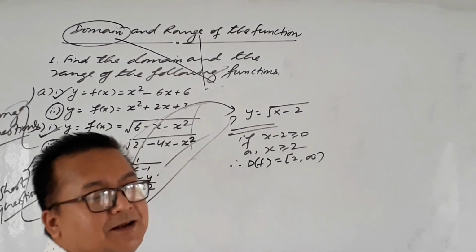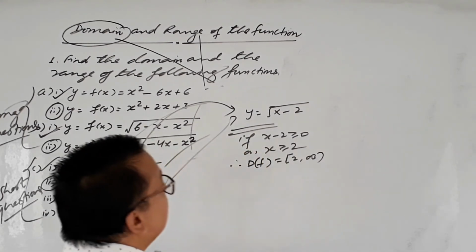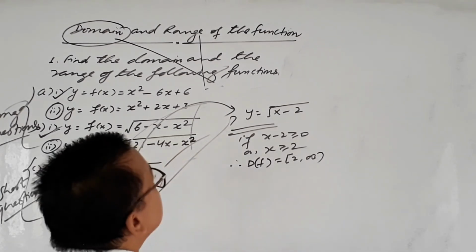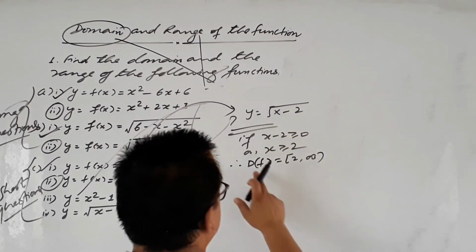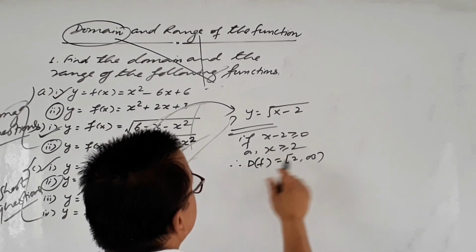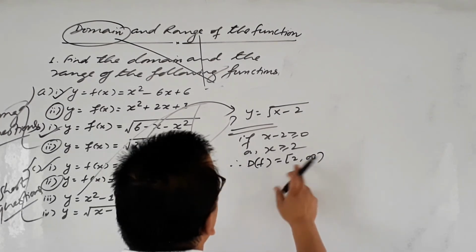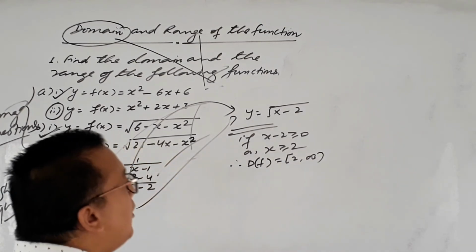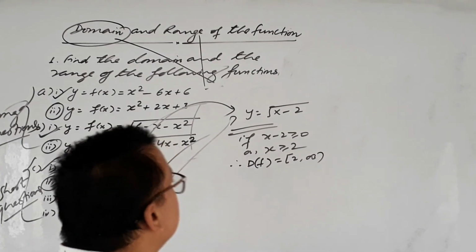The domain of the function will be 2 comma infinity, the interval of 2 and infinity, right? 2 is the left-hand point, infinity is the right-hand point. So all x values will be between 2 and infinity, including 2. That is the domain of the function.